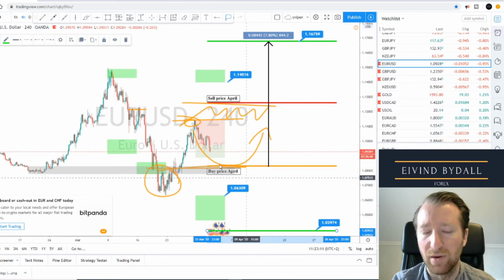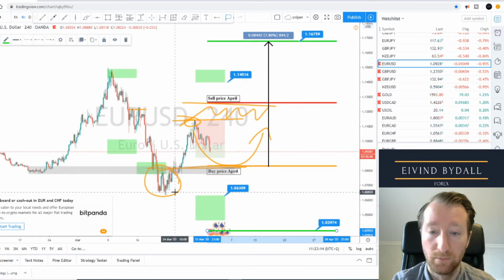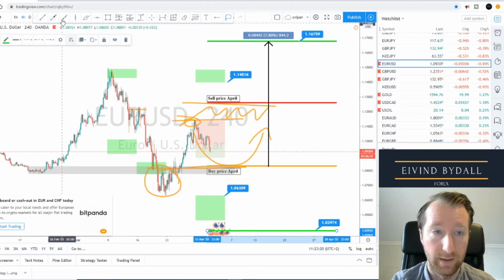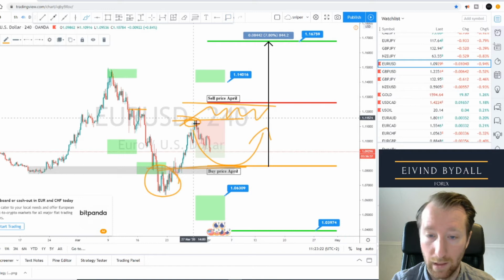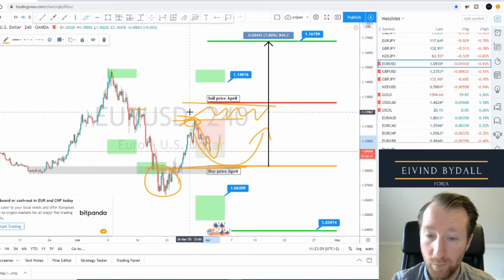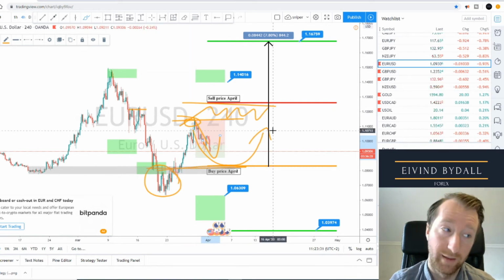I think that's a bit far because this move here is quite strong. But actually, right now, you don't know. But the trade plan for now is that we are going lower. How low? Is it down to 108.80? I don't know. But if it goes into a reversal, then that's a bullish move.